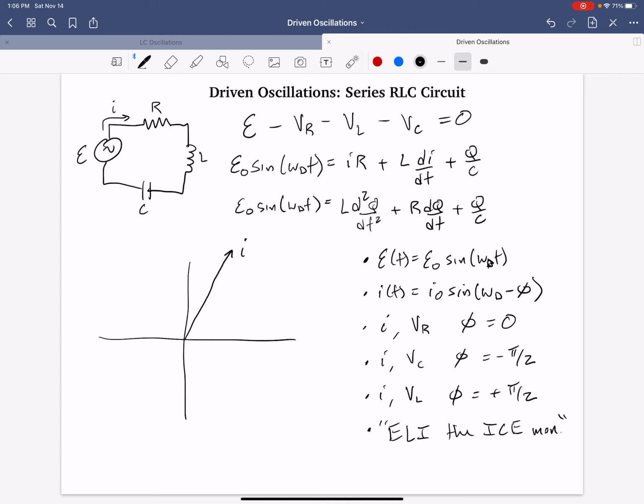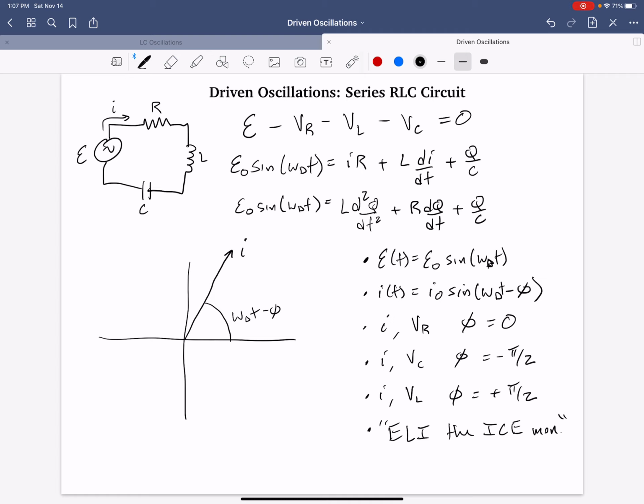The angle, by the way, I forgot t, is omega t minus phi. That's the angle for our current, and so that is right there, omega t minus phi.